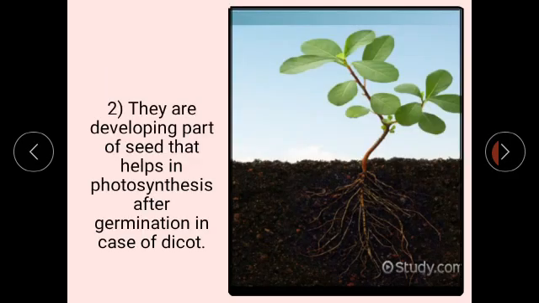They are the developing part of the seed that helps in photosynthesis after germination in case of a dicot plant. What is photosynthesis? It is the process by which plants prepare their own food. So cotyledons help the plant in photosynthesis in dicot plants.